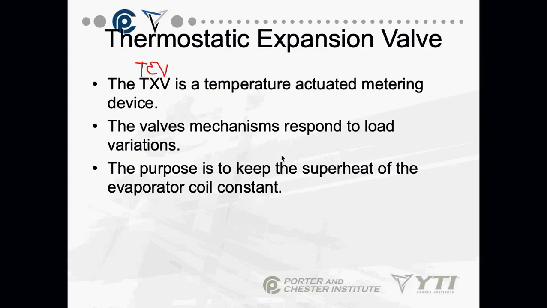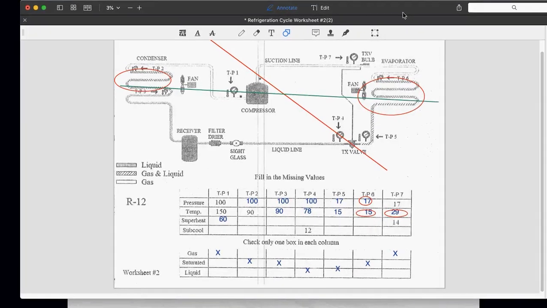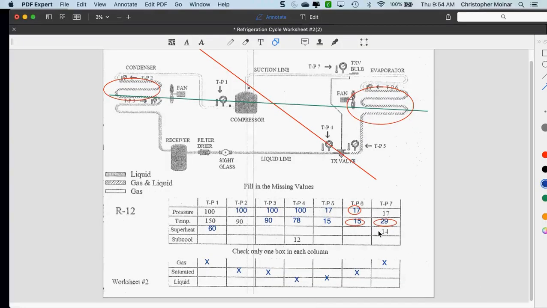Okay, the valve mechanism responds to load variations. The purpose of the TXV is to keep the superheat of the evaporator coil constant. Now, we have not really spent a lot of time talking about superheat yet. The superheat is this number right there.